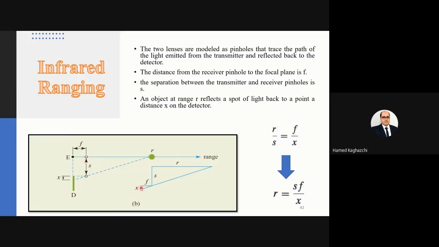Now, from the geometry, we know that the relationship between these two triangles is like that: R divided by S is equal to F divided by X. From here, we can find the value of R, which is the range of the object, the distance of the object from the camera.